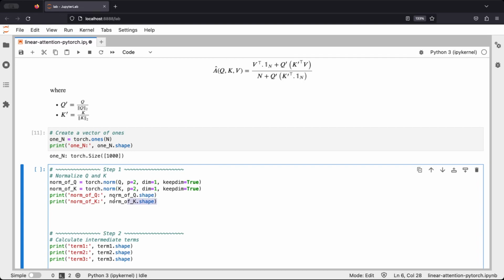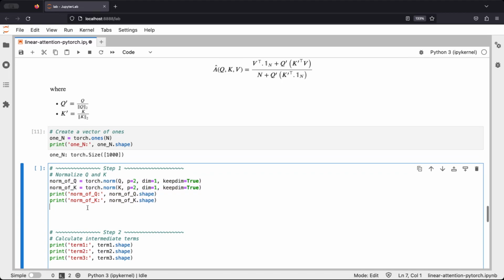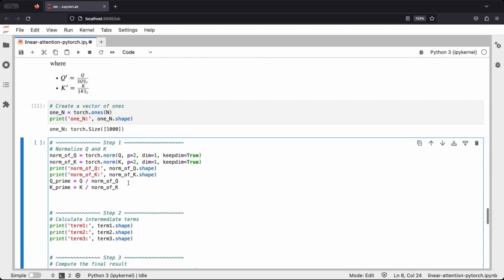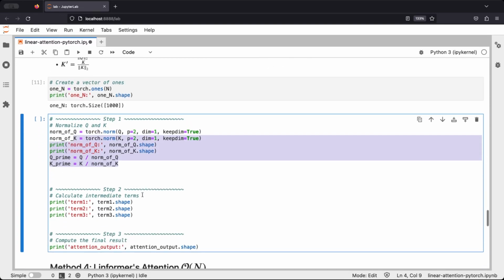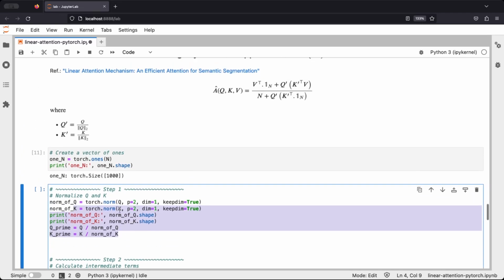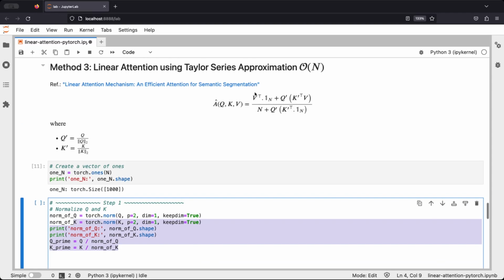So after we build this norm of q and norm of k, then we compute q prime as q divided by norm of q, and k prime is k divided by norm of k. So that is it for step 1. In step 2, now we build or we compute these 3 terms. So if you look at this equation, we have 4 terms, 2 in the numerator and 2 in the denominator.